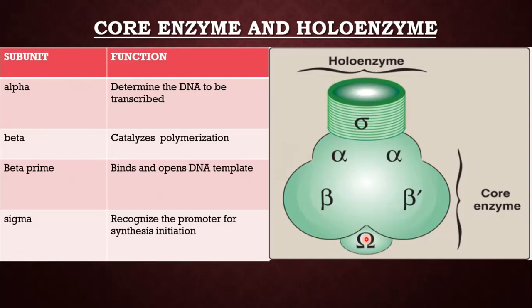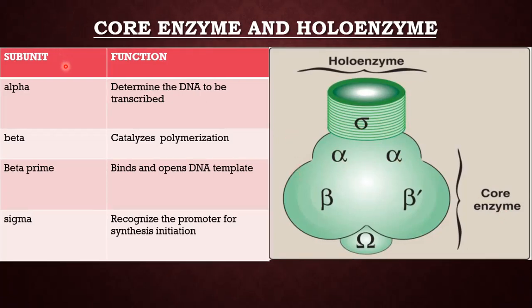We have the lowercase of omega, which looks like a small letter W. Okay, so that is the holoenzyme. Now, the core enzyme refers to the holoenzyme without the sigma factor. So once the sigma factor recognizes the promoter region, it usually falls off, and the remaining 5 subunits constitute the core enzyme.